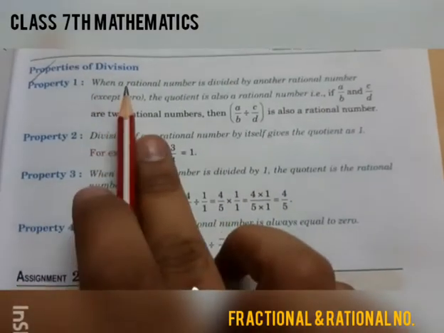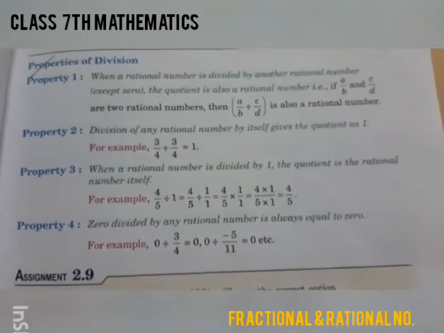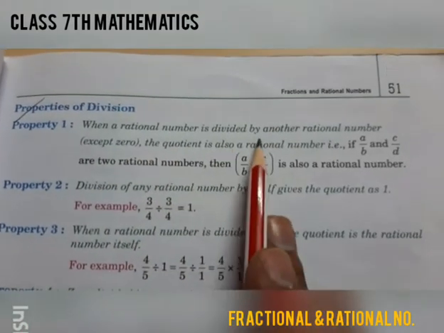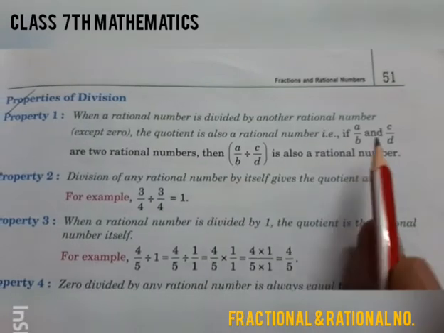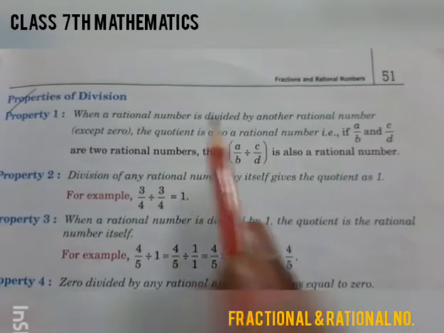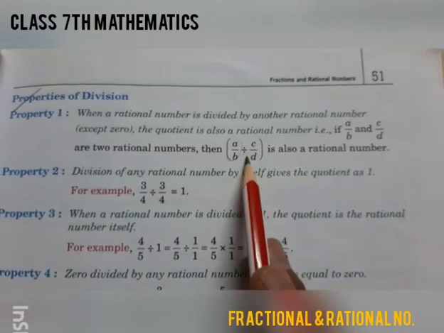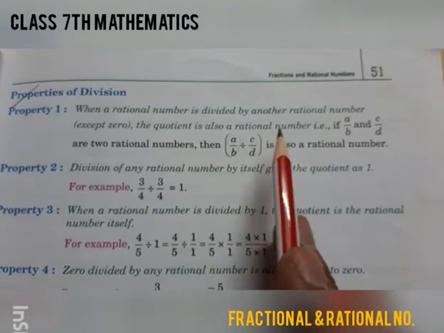Now come the properties of division. There are 4 properties. Let's see all of them one by one. It says that when a rational number, A upon B, the first rational number, is divided by another rational number, C upon D, the second rational number, then the quotient is also a rational number.